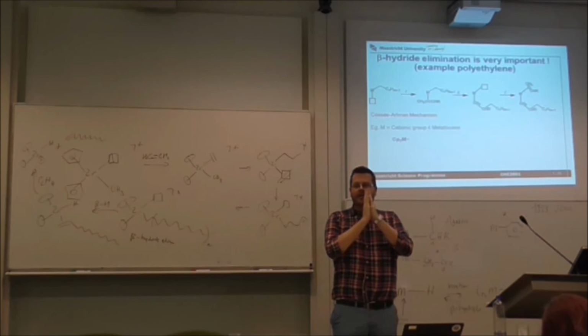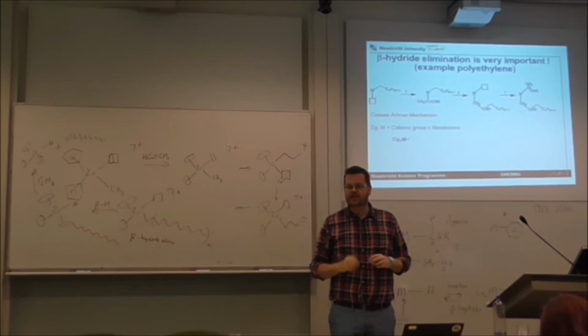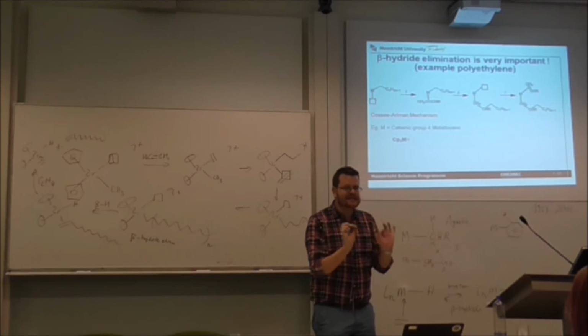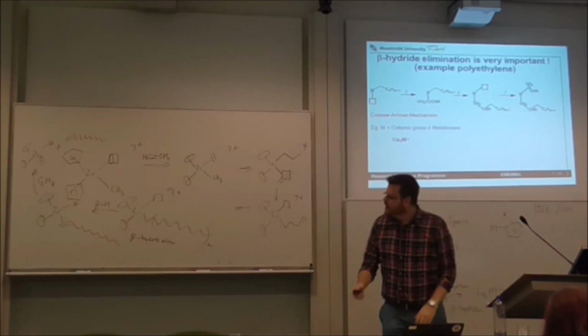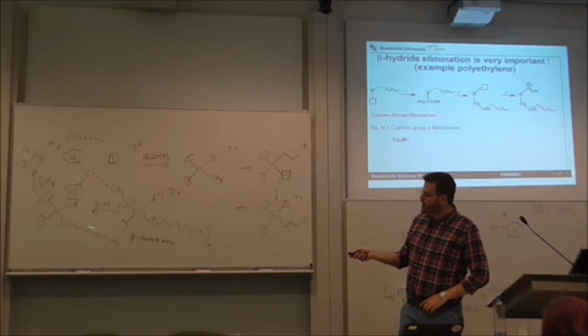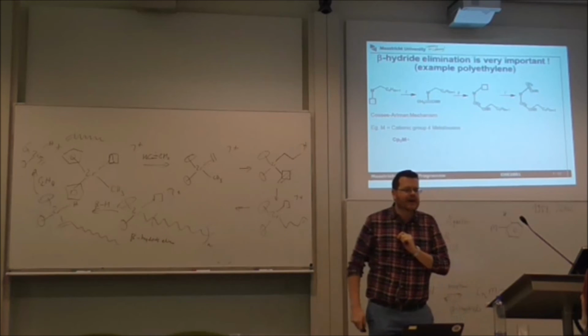Now, I'm not going to go into details. This is something for a catalysis course, which in fact I will be teaching in the fall, where we're going to look at this again in enormous detail. But I will just say this. Depending on how you design the ligand sphere around the metal, you can change the chain length, because you can tune the rate of the insertion versus the rate of the beta hydride elimination.